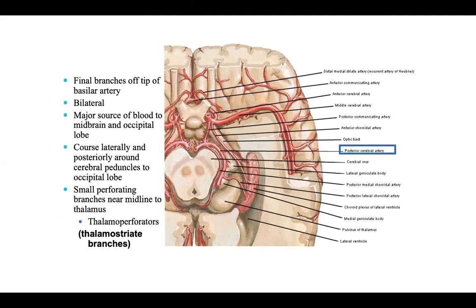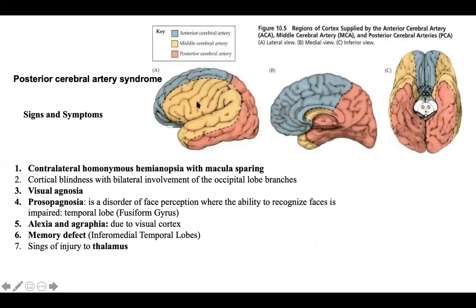What else? Okay, so we will have contralateral homonymous hemianopia with macular sparing. You will have, what's it called? Cortical blindness, so the person cannot see because of cortical problem, but the eye itself is normal. Visual agnosia is that you cannot know anything that you see, you cannot recognize anything.